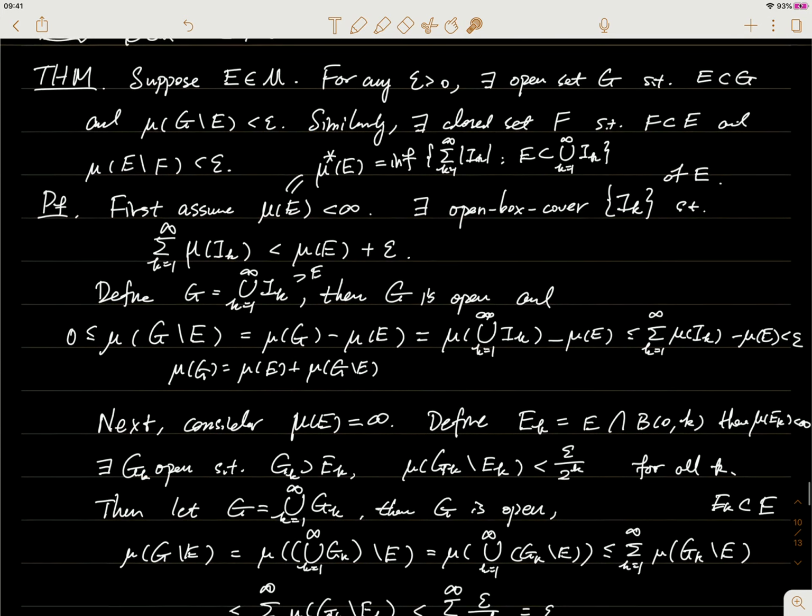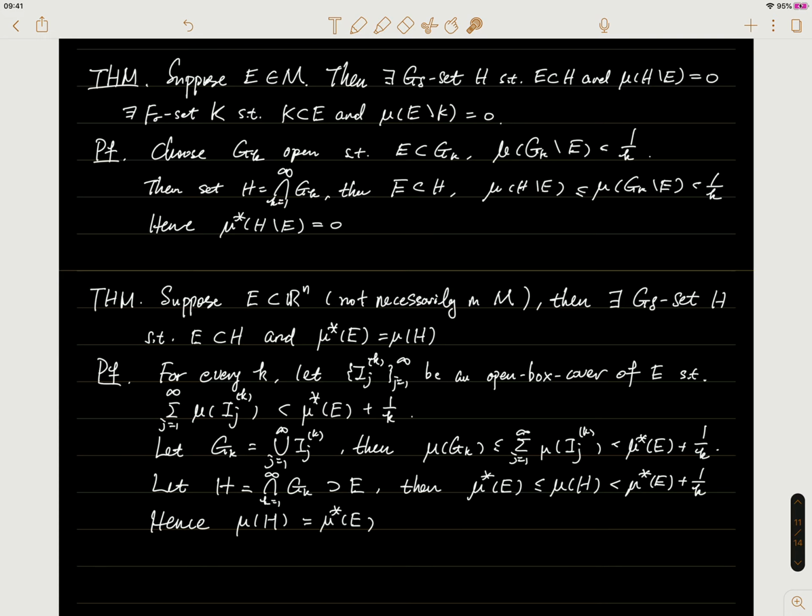Okay, just applying the one we just got. Next we're going to show that for any measurable set E, you can find a G delta set H such that H includes E, and their difference has a measure 0. And similarly, we can find an F sigma set K such that K is included in E, and the measure of their difference is equal to 0.